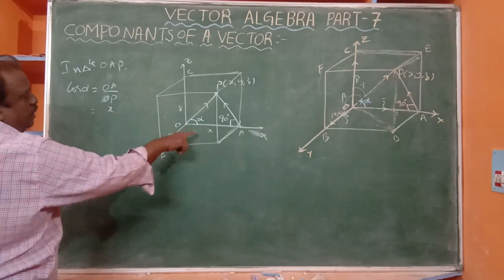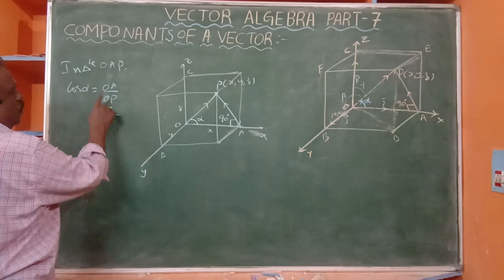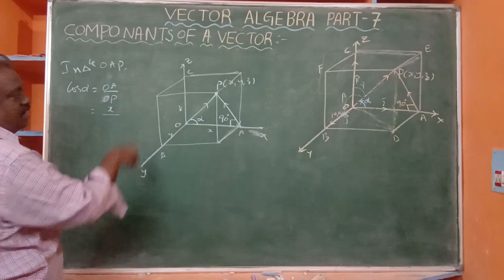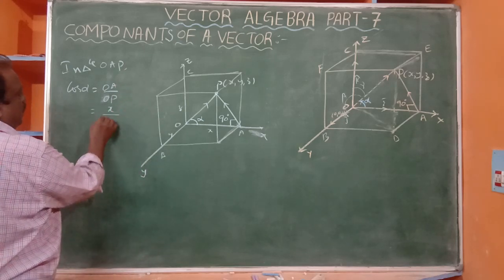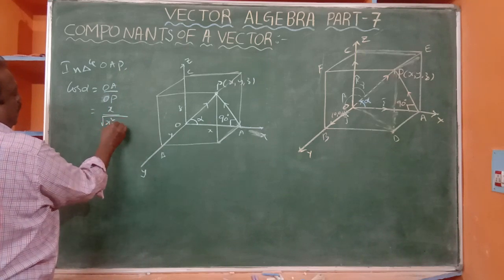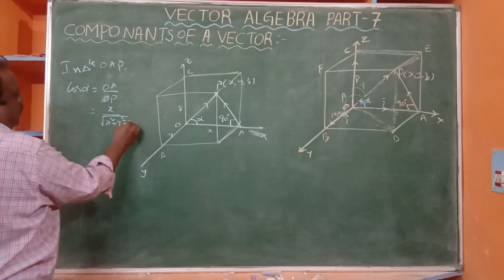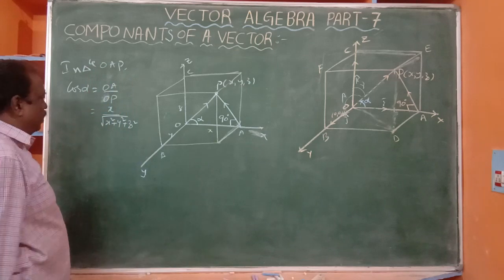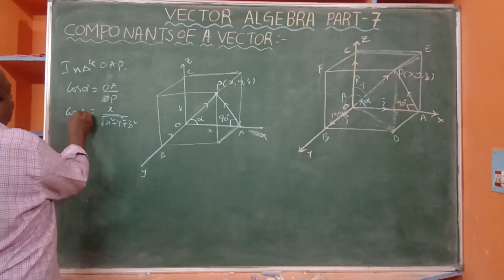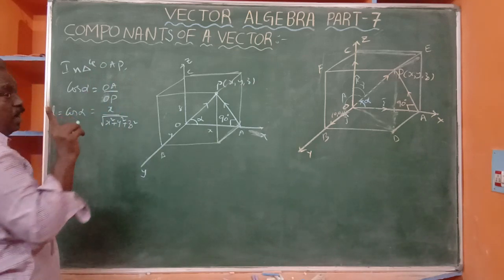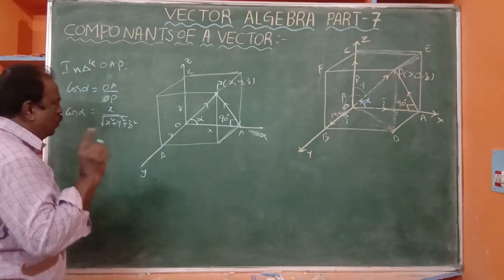OA is x, the x coordinate. OP is the distance, or length of the vector. It is root of x square plus y square plus z square. We know it well. So cos alpha is denoted by small l. It is a notation.